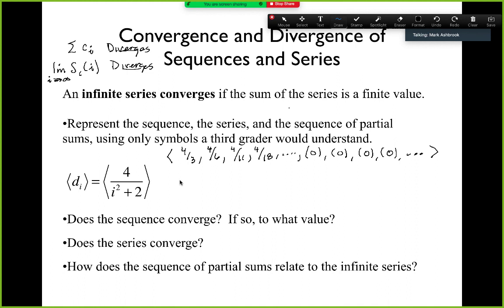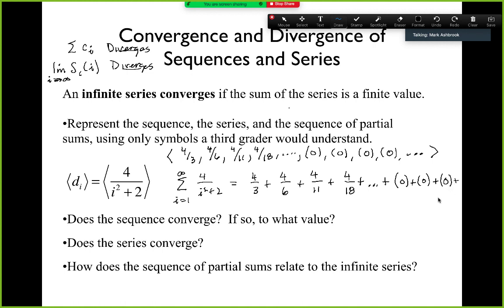Okay, so then the series equals 4/3 plus 4/6 plus 4/11 plus 4/18 plus, when we get way out there, say to the millionth term, million and first term, million and second term, and keep going. Okay, so our sequence converges to 0.